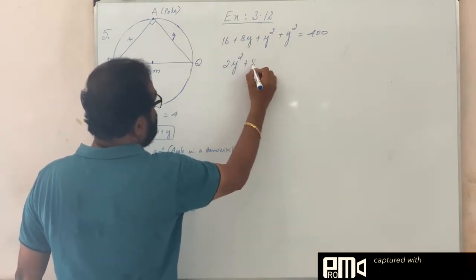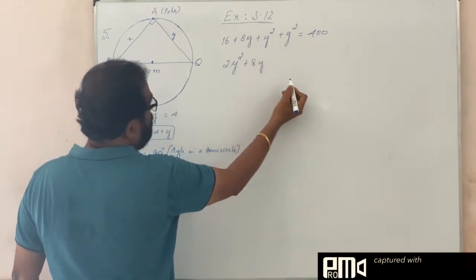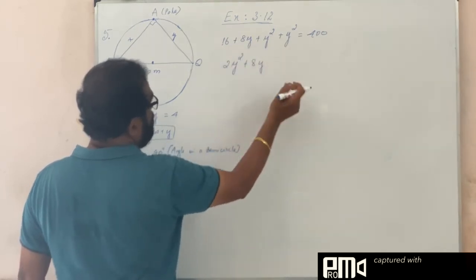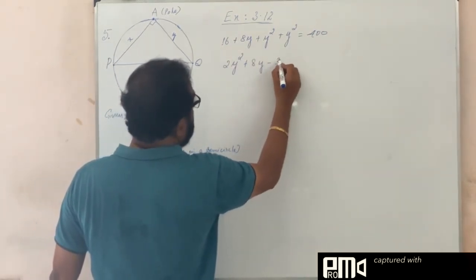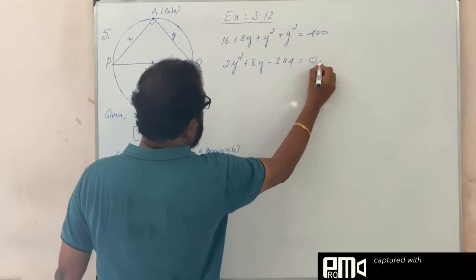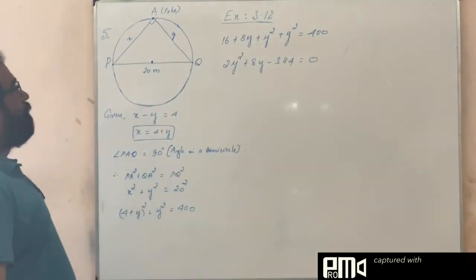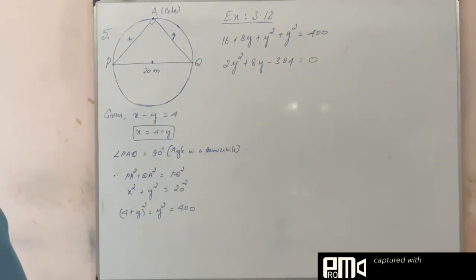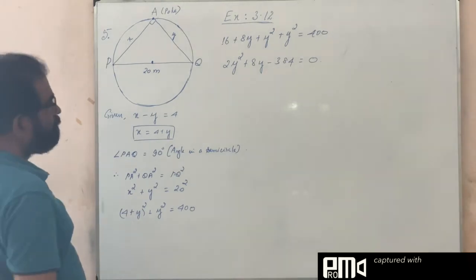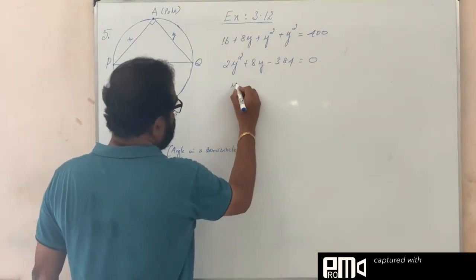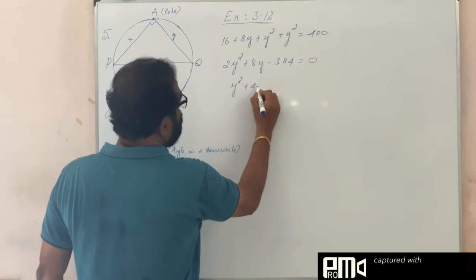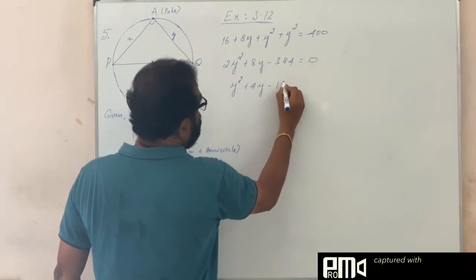plus 8y plus 16 minus 400, minus 384. 16 minus 400 is minus 384. We can divide by 2. Y square plus 4y minus 192.